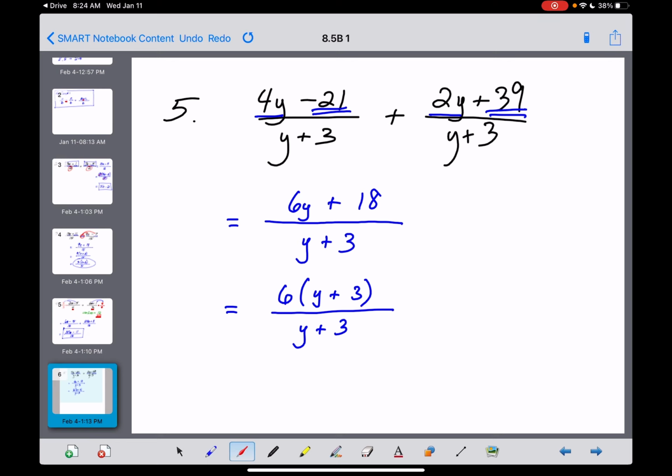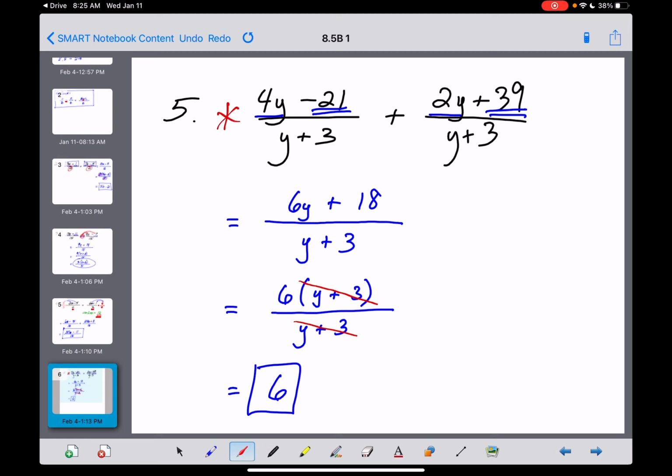And now we want to check to see, are there any common factors here that we can cancel out from both the top and the bottom? The entire factor of y plus 3 cancels out on both the top and the bottom, leaving us with an answer of 6.